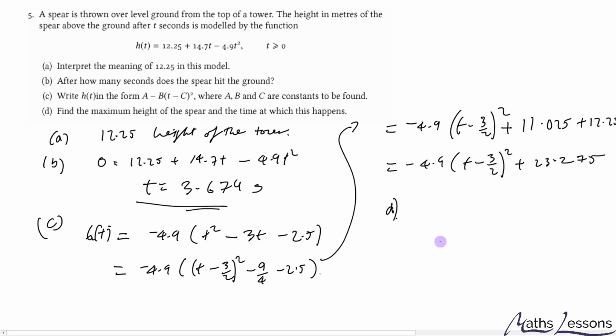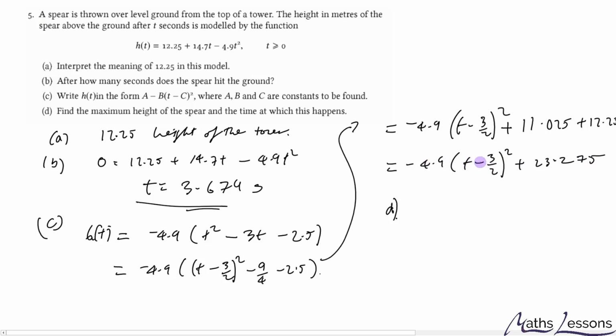So from this I can find the maximum height of the spear and the time at which this happens. Well, because this is a quadratic, this can never be less than 0. So the smallest value this can be is 0. And because it's negative, for this to be a maximum, we want this to be a minimum.